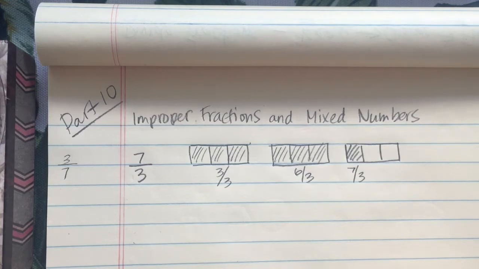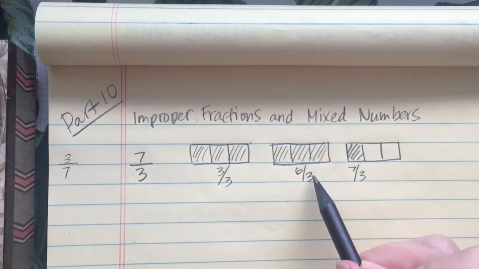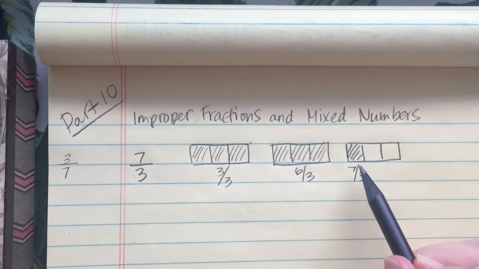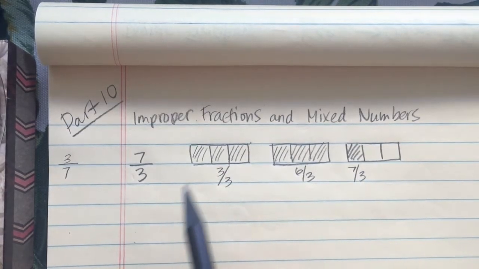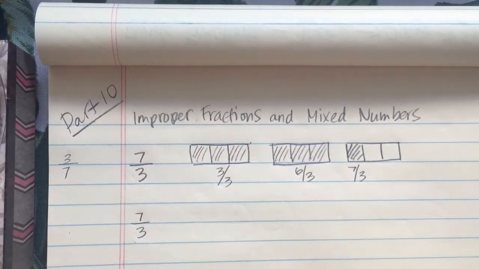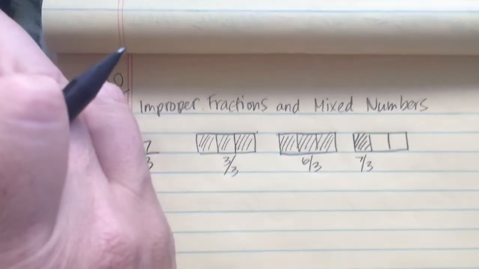Okay, so with 3/3 you've eaten a whole candy bar. With 6/3 you've eaten 2 candy bars, and with this last one you just ate a third, giving you a total of 7/3. Now, an improper fraction can also be written as a mixed number. Let's talk about how to change it into a mixed number.